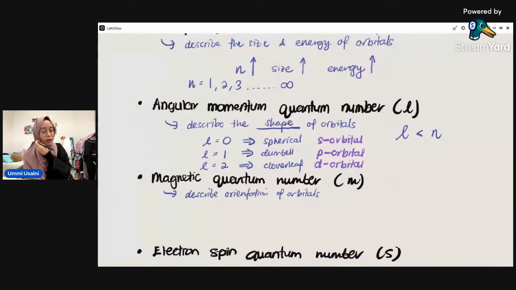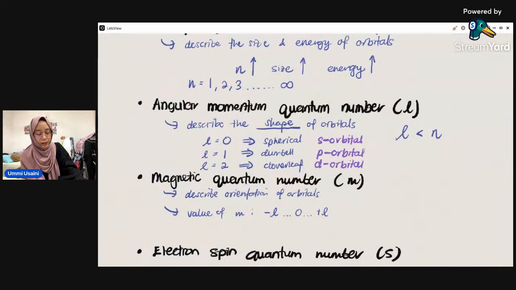Okay, so kalau M ni, dia depends on the value of L. Okay, so value untuk M is basically negative L, okay, to 0 to positive L. So it really depends on the value of L lah.